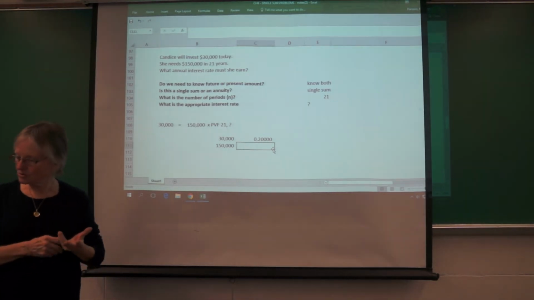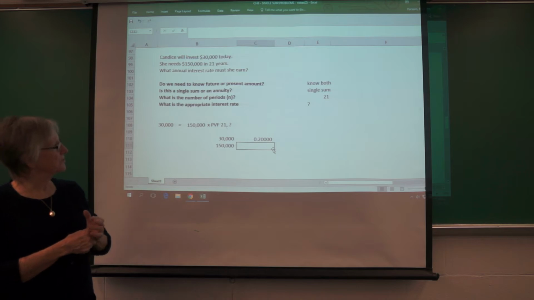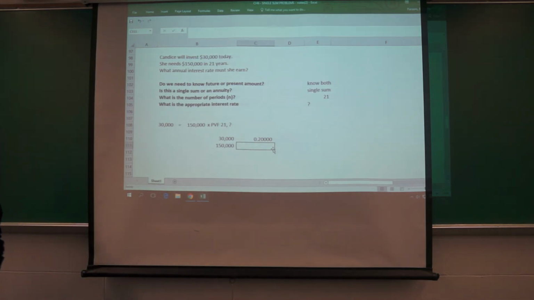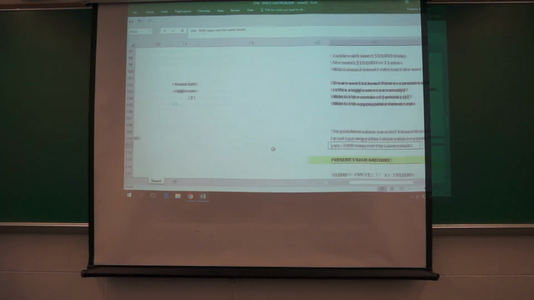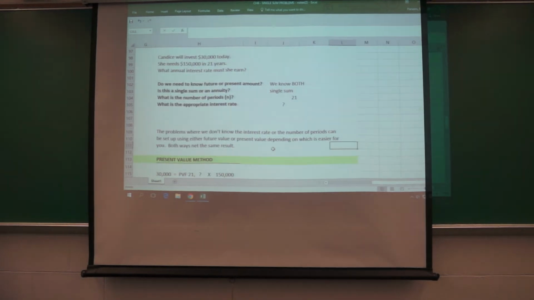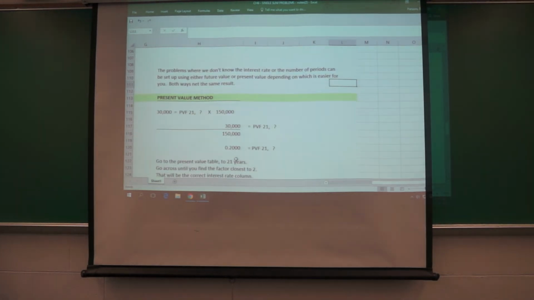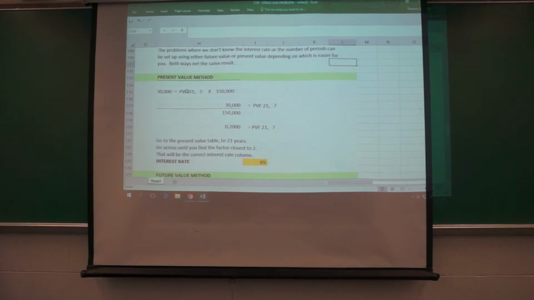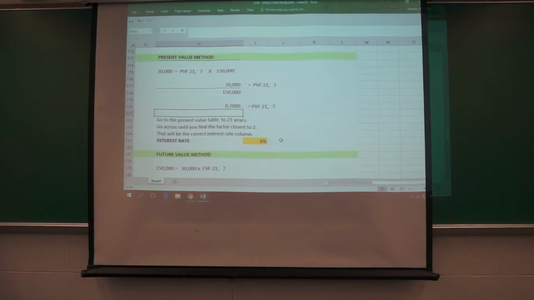And the factor closest to 0.2 will tell you that the interest rate is 8%. Okay, so when you're working this out, you use your 30,000 equals 150,000 times the present value factor of 21 periods with an unknown interest rate. Divide it out, you get the present value factor of 0.2. Okay? And so that's how you do that.